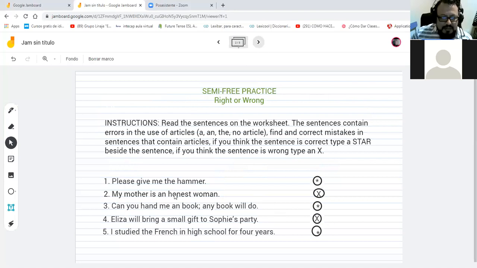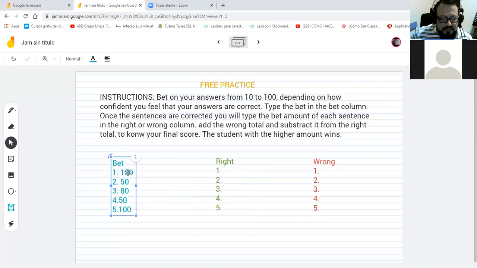Depending on what you bet, if you bet correctly on the number one, for example, then we're going to add these 100 points to the right column. And if, for example, the second was wrong, then it's going to be added to the wrong column. So we're going to be doing this one together, okay?